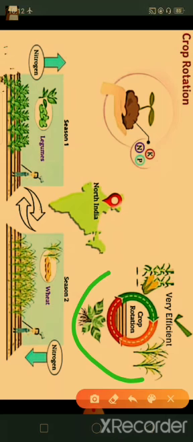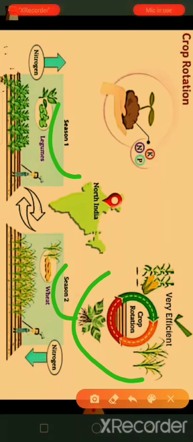For example, in North India, farmers used to grow legumes in one season and wheat in another season. So this helped to replenish nitrogen in the soil. It is an efficient method. We should encourage the farmers for it.